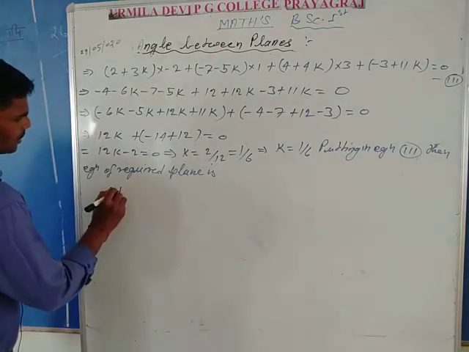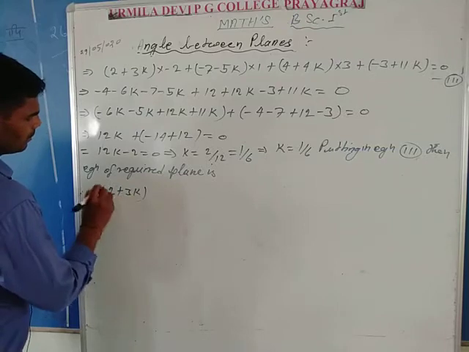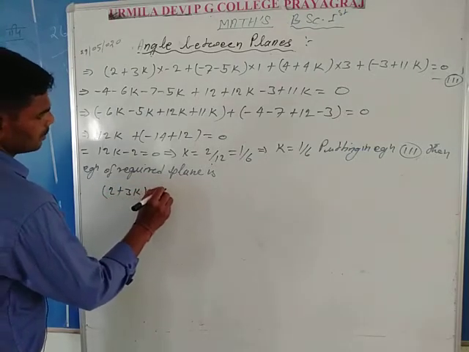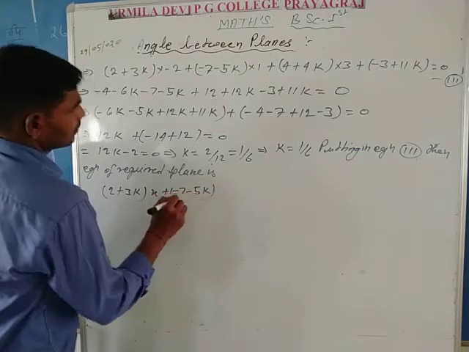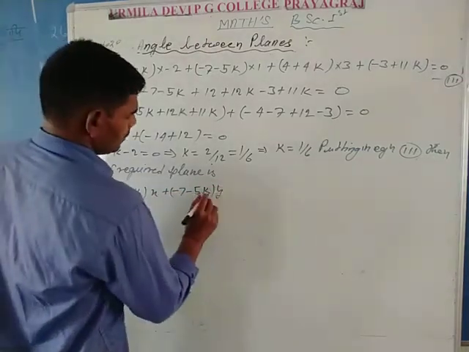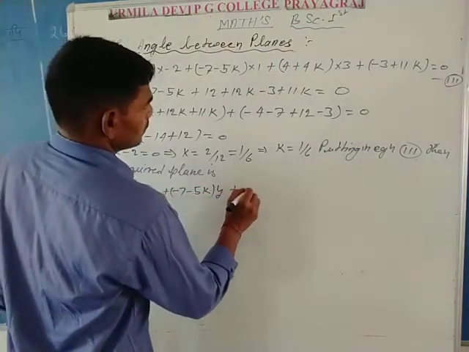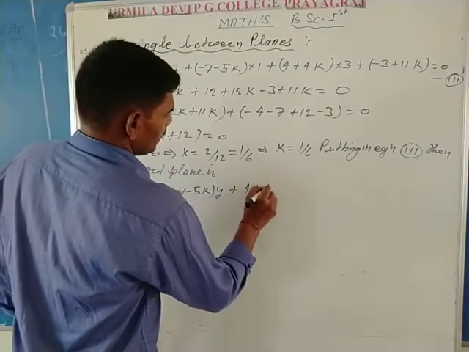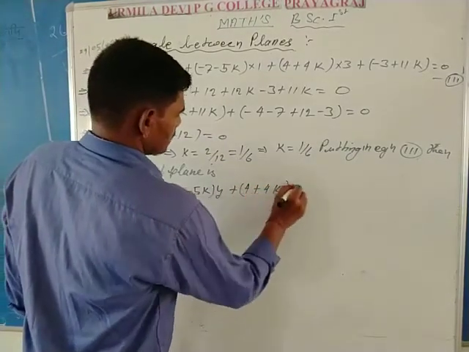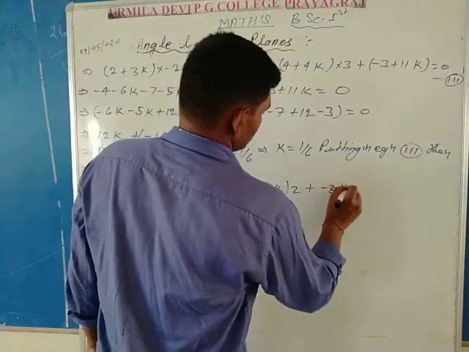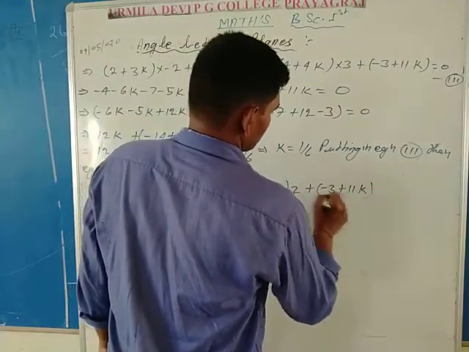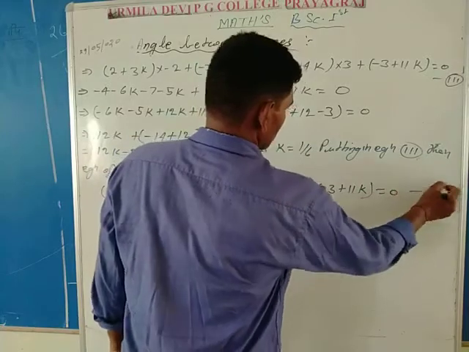(2 + 3k)x plus (-7 - 5k)y plus (4 + 4k)z plus (-3 + 11k) is equal to 0. This is equation third.